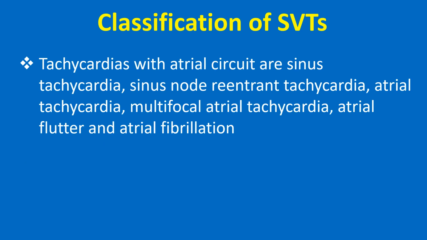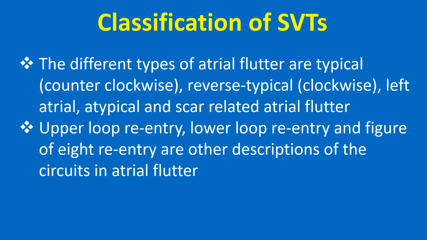Tachycardias with atrial circuit are sinus tachycardia, sinus node reentrant tachycardia, atrial tachycardia, multifocal atrial tachycardia, atrial flutter, and atrial fibrillation. The different types of atrial flutter are typical, reverse typical, left atrial, atypical, and scar-related atrial flutter.